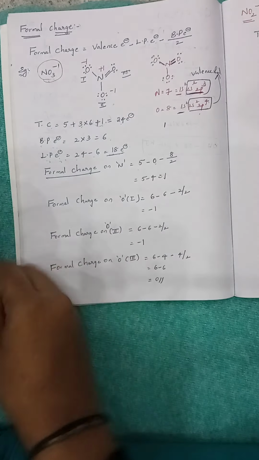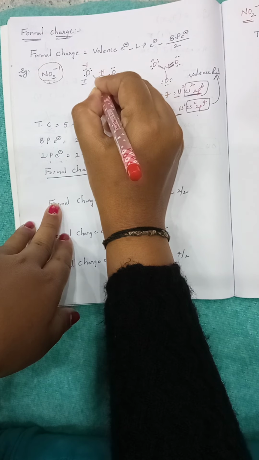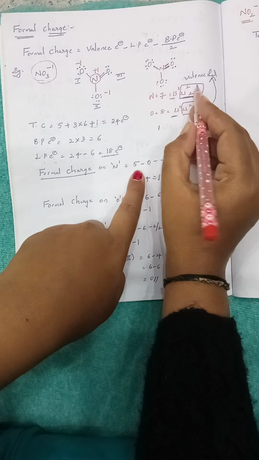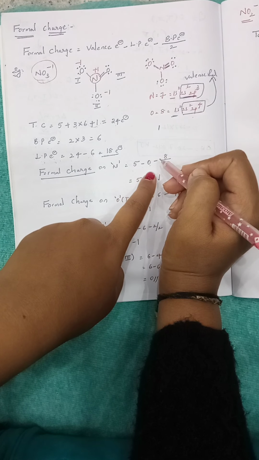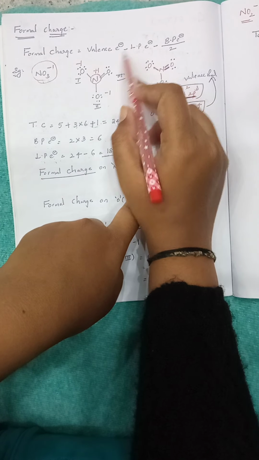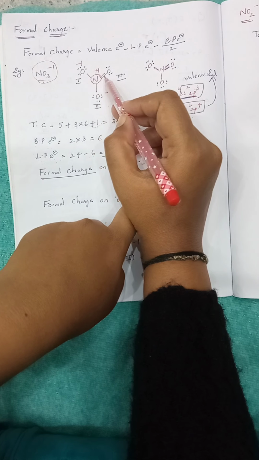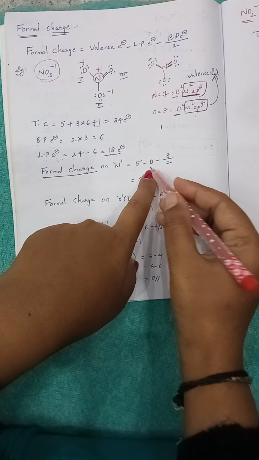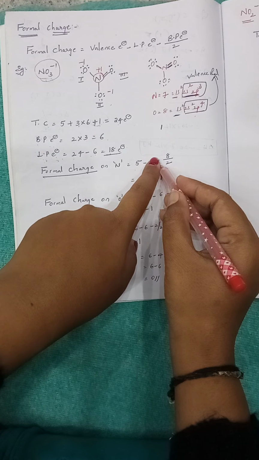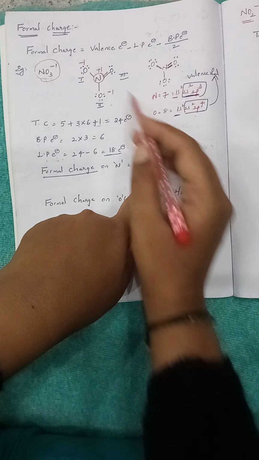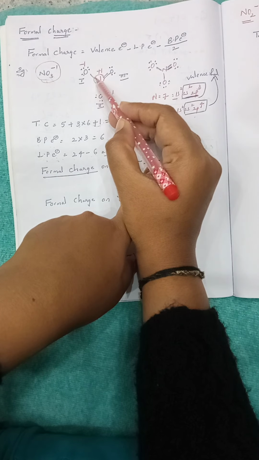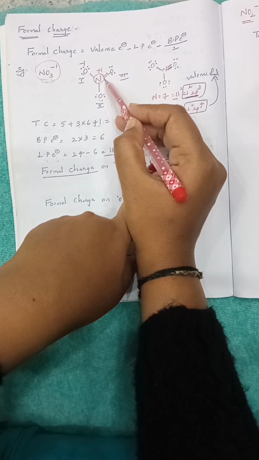Now we are calculating for nitrogen. Nitrogen valence electrons we know 3 plus 2, 5, minus lone pair of electrons. How many are there? There is no lone pair of electrons on nitrogen. That's why I have written 0, minus bond pair electrons. How many bonds are there? Here 1, 2, 3, 4.